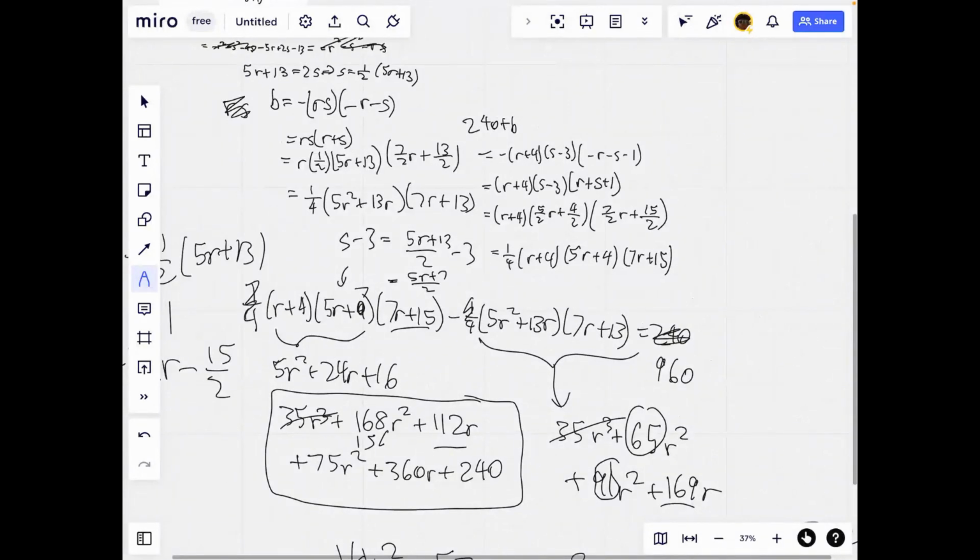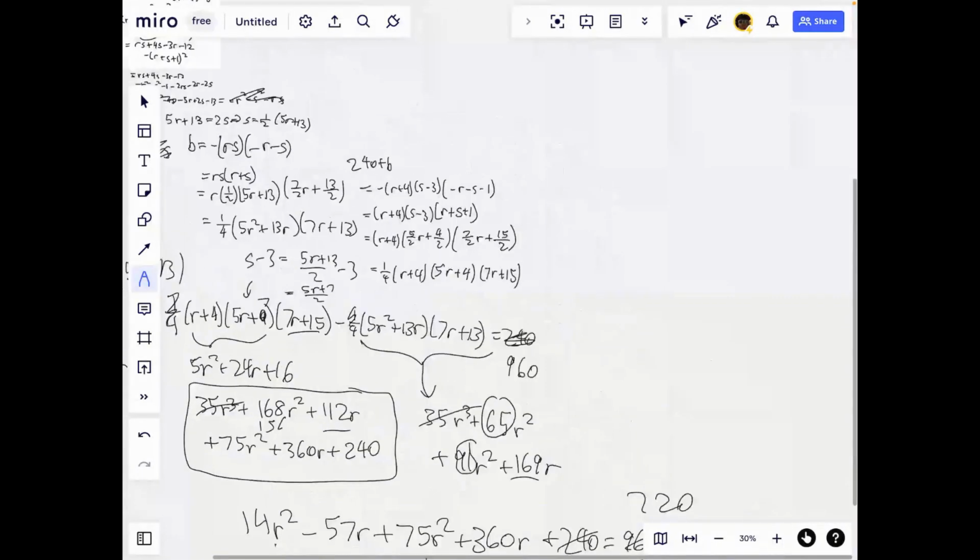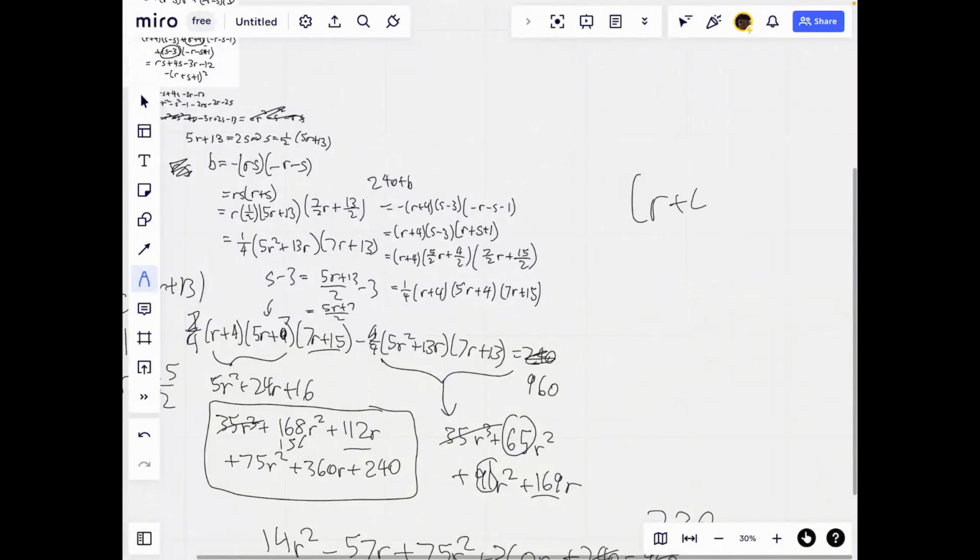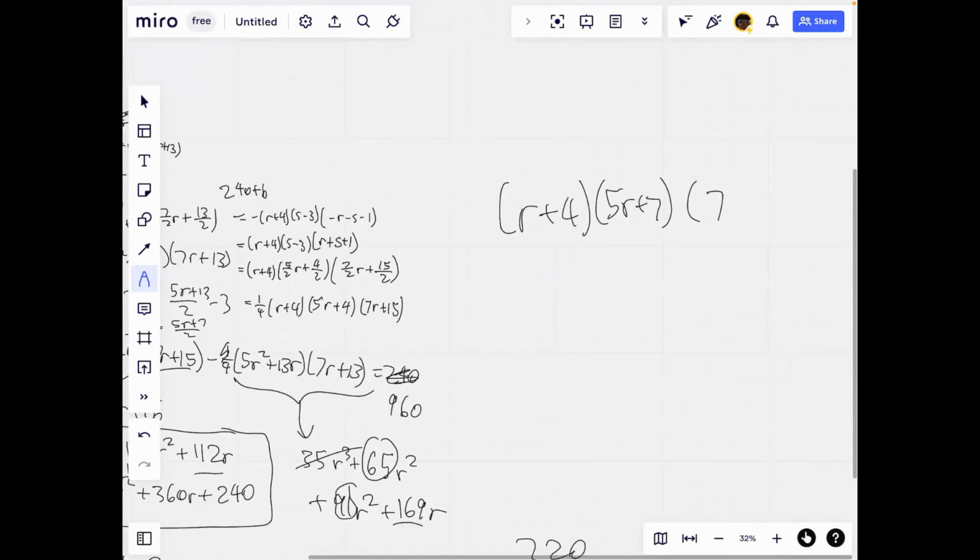So, okay. Let's rewrite the equation. R plus 4 times 5r plus 7 times 7r plus 15 minus 5r squared plus 13r.